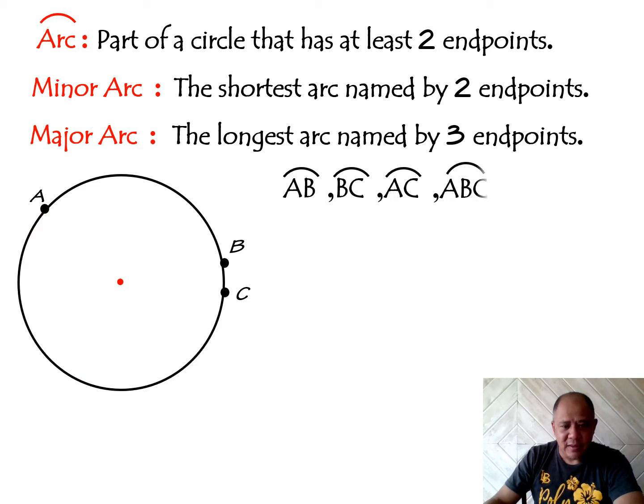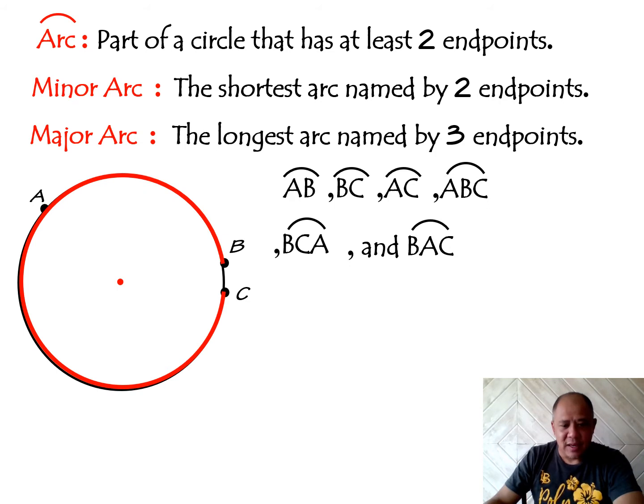Then we have arc ABC, which is from A to B to C, so you have to follow it, A to B to C. And then there's BCA, from B to C to A. And then finally, arc BAC, which is from B to A to C. Now, this would be the biggest arc.